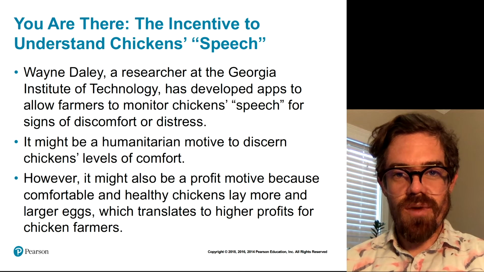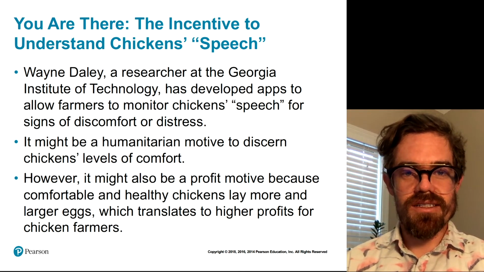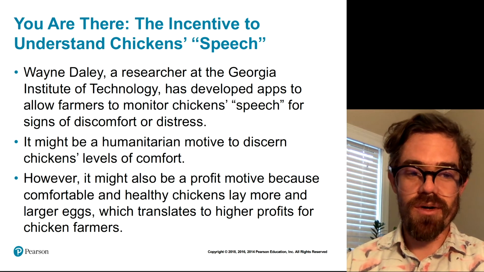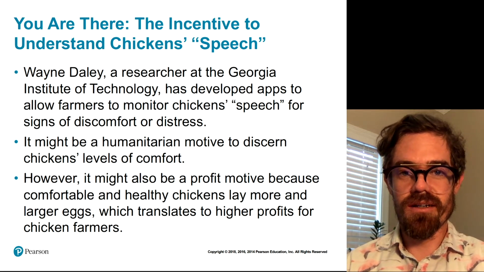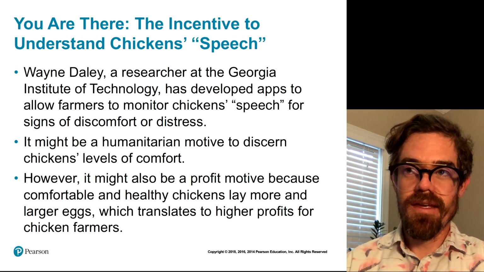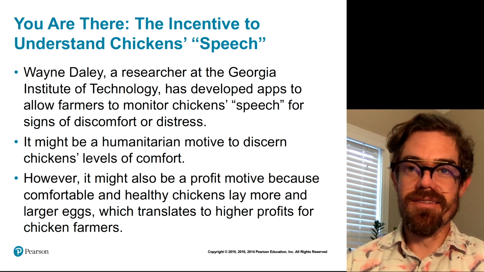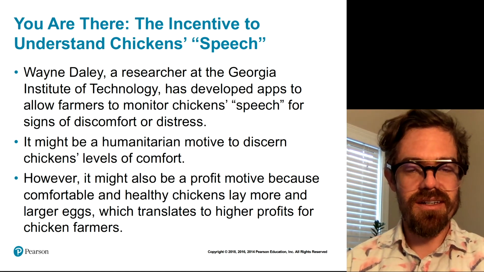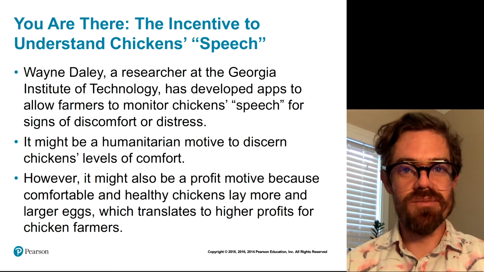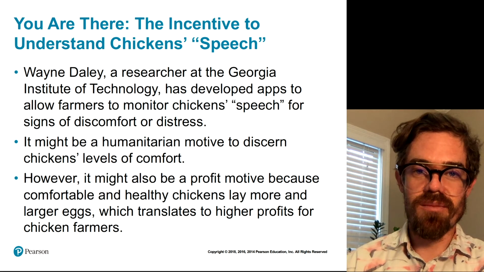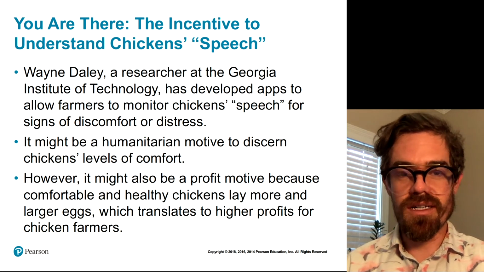Now, you may have come up with one of these two incentives, these motivations, but hopefully you came up with one of them at least. It could be on his part a humanitarian motive, right? Again, going back to behavioral economics, this idea of bounded selfishness, not unbounded selfishness, meaning that we actually do to some degree care about other people and perhaps even other beings such as chickens.